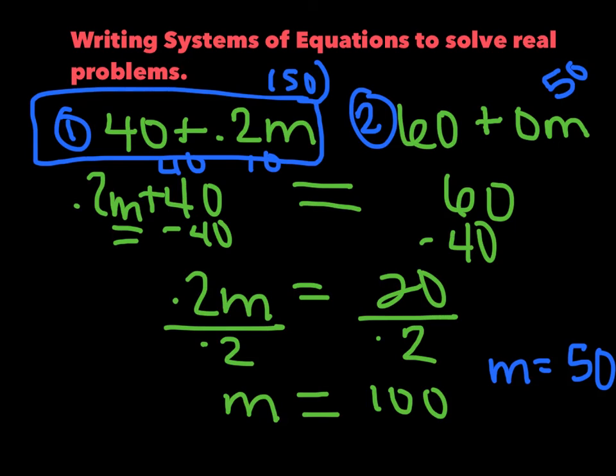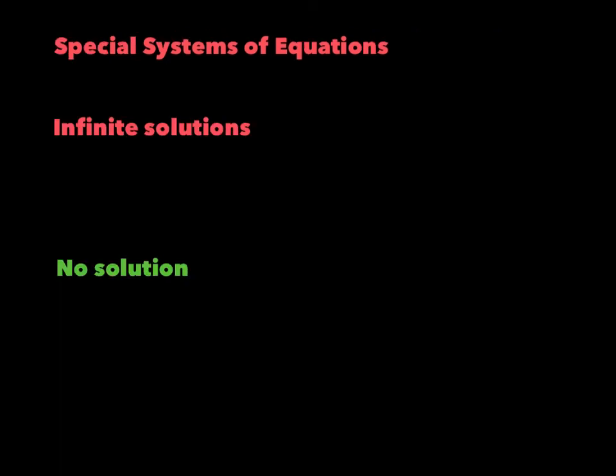All right, next part. Two special things to consider when graphing equations. Remember that anytime you graph 2 equations and they make the same line, it means that every single point on those 2 lines would be a solution.